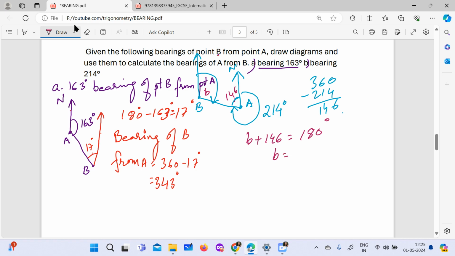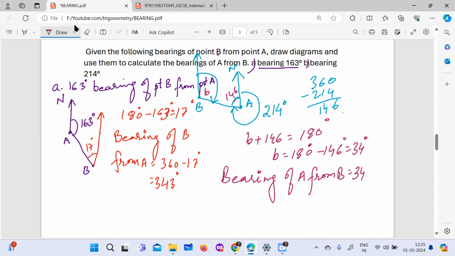So your B will be 180 minus 146, that is 34 degrees, right? So the bearing of A from B is 34 degrees. I hope this is clear to everyone.